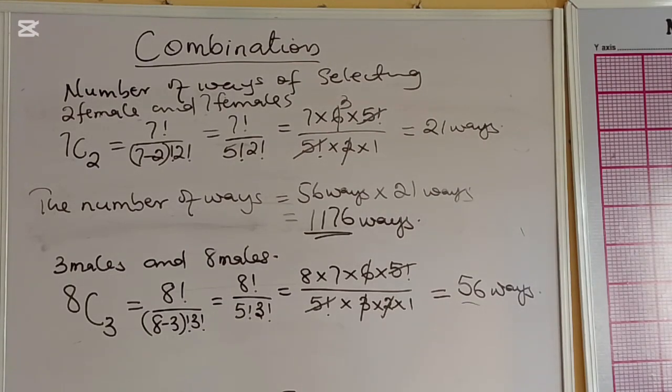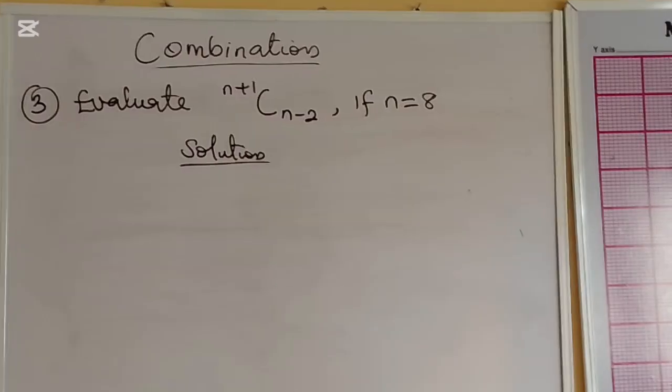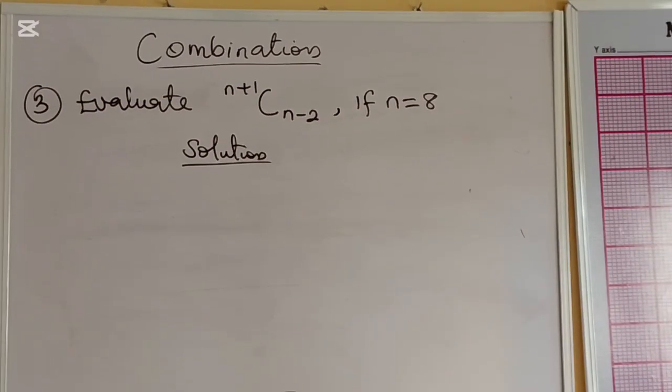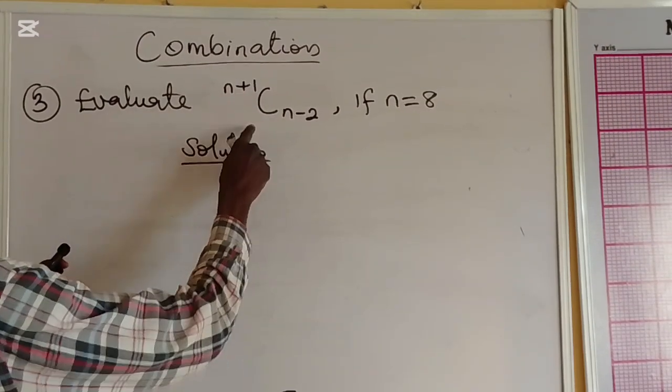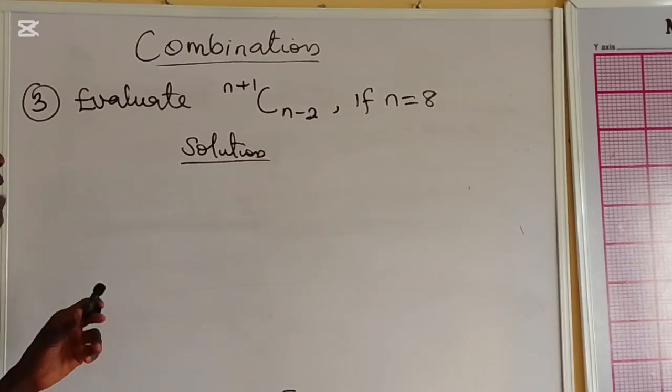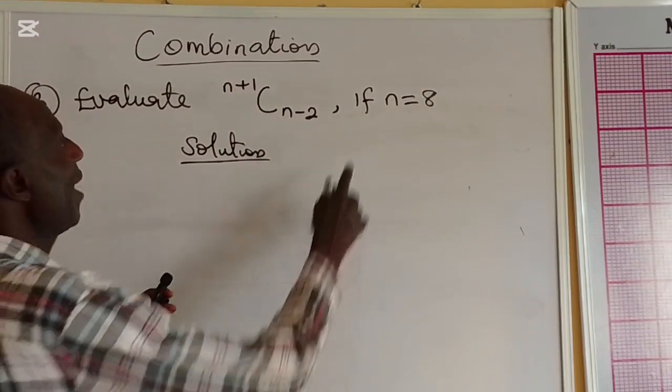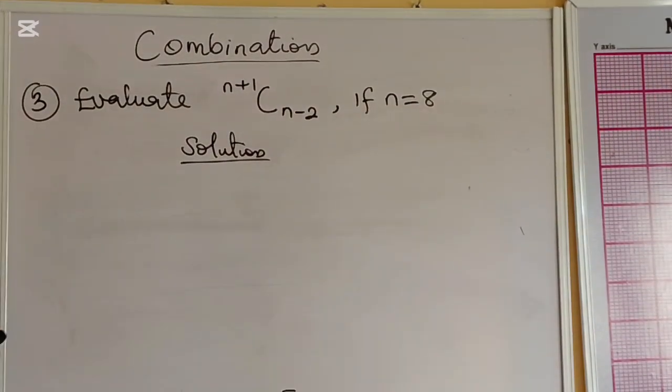Example number 3. Alright, let's work example number 3. Evaluate (n plus 1) combination (n minus 2) if n is equal to 8.